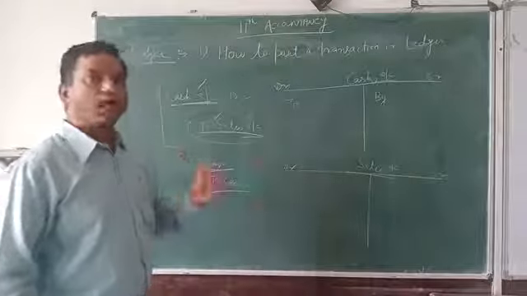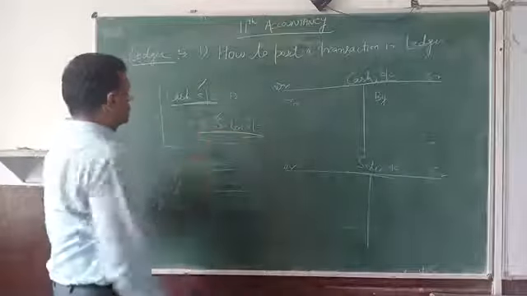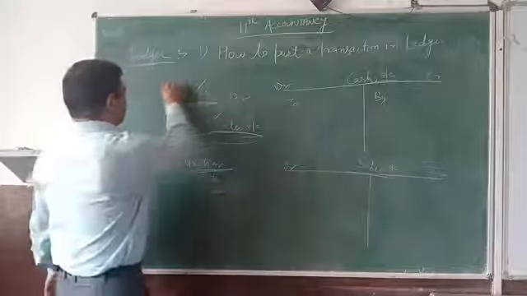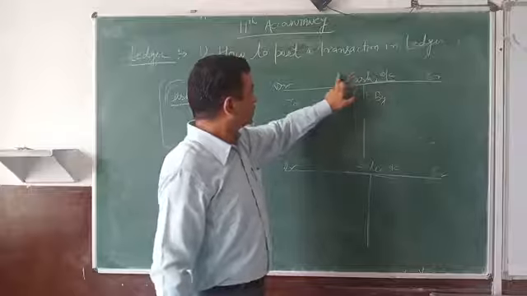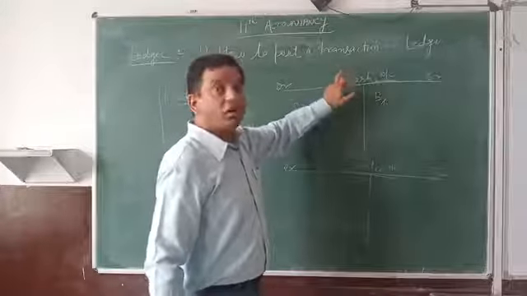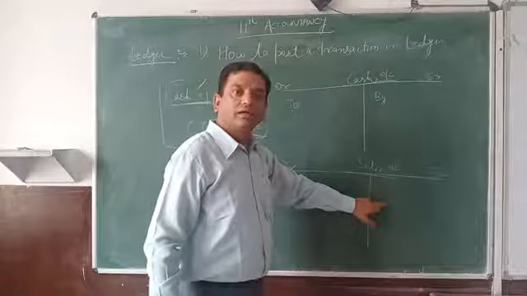Now let me tell you how to post the transaction. Cash account debited to sales account. I have prepared the cash as well as the sales ledger. Whenever you are preparing any ledger, the cash ledger will not record cash, and the sales ledger will not record sales.